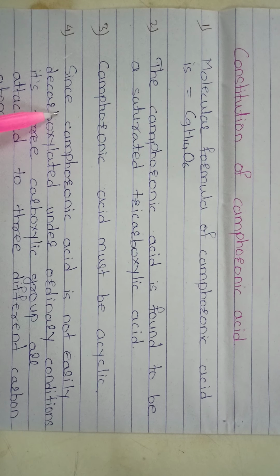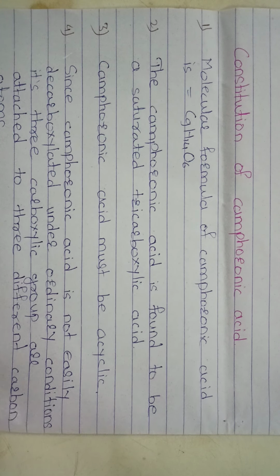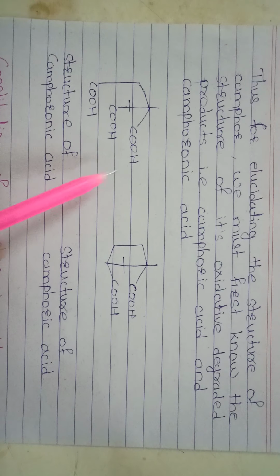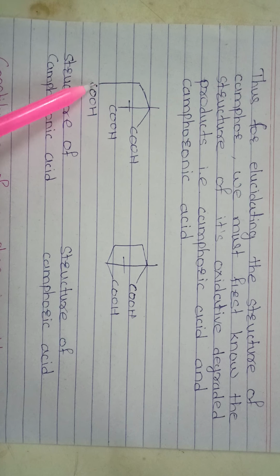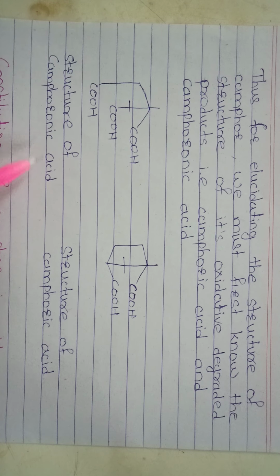Last point, since camphoronic acid is not easily decarboxylated under ordinary conditions, its 3 carboxylic groups are attached to 3 different carbon atoms. This is the structure of camphoronic acid.